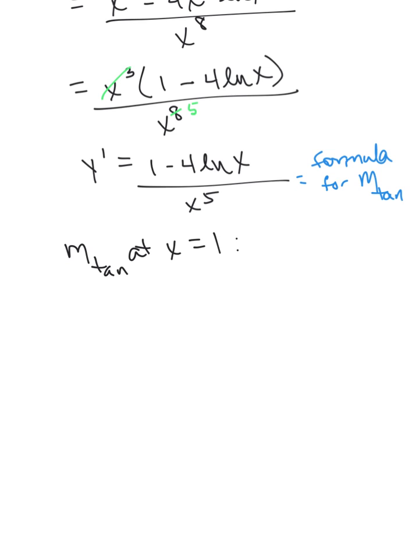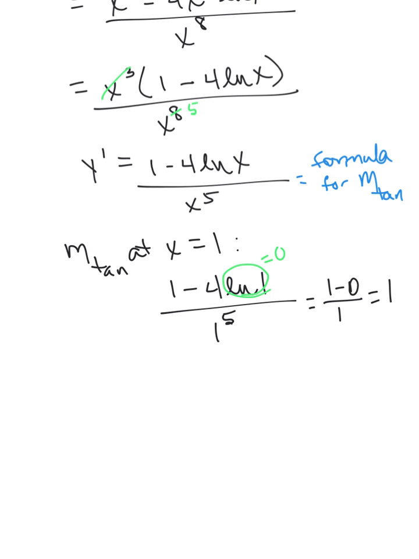So we're going to put 1 into that derivative. Anytime you have a logarithm of 1, that equals 0. So we are left with 1 minus 0 over 1, which is just 1. So we now know that the slope of the tangent is 1.